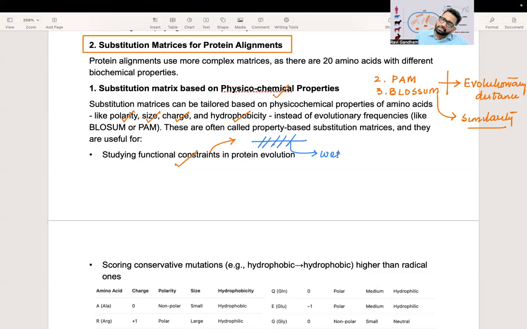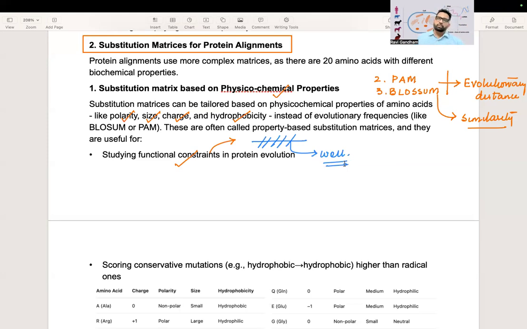All of us know such regions are very important for the protein for its functionality. So they are the amino acids that are generally present in the active site. So when you're studying the amino acids present in the active site, you generally go in for the physicochemical properties to look at, if at all there is a change, what would be the change in the active site.